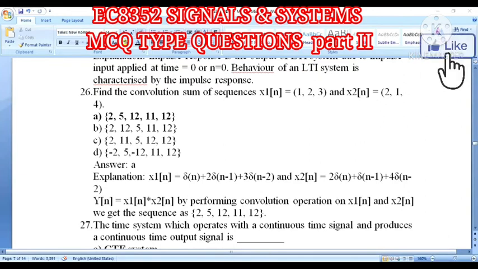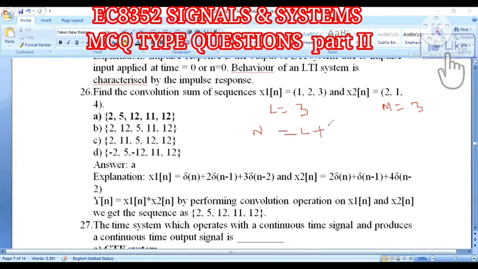I will show you this answer here. No problem, don't worry. Here the length L equal to 3. The length for x2 of n, which is 2, 1, 4, is also 3. So find the length of the output sequence of the convolution operation.